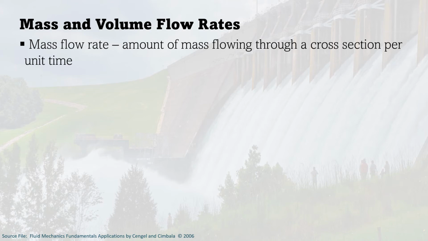And so we must keep track of the amount of mass that enters and leaves that control volume. It can be defined using the mass flow rate and volume flow rate. The mass flow rate is defined as the amount of mass flowing through a cross section per unit time.